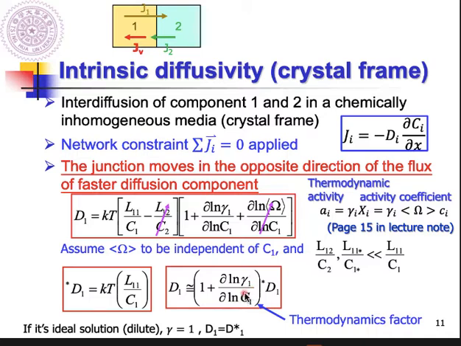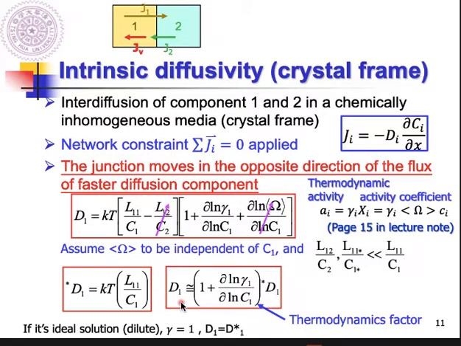If the mixture between 1 and 2, or A and B, obeys the ideal solution, gamma equals 1. In that case you can drop this term out, so the intrinsic diffusivity equals the self-diffusivity of atom 1. So we remark that if it is an ideal solution or a dilute solution, the self-diffusivity equals the intrinsic diffusivity.